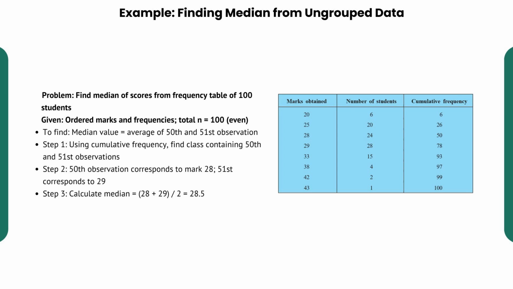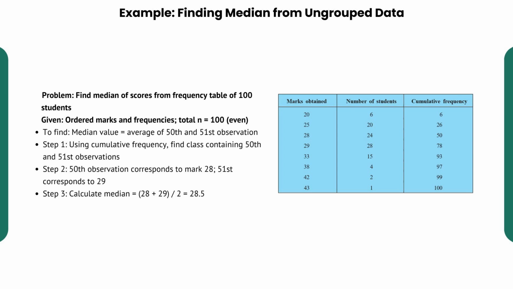Looking at the cumulative frequencies, we see that the 50th observation falls at 28 marks, and the 51st observation is at 29 marks. Therefore, to find the median, we take the average of these two values. That is, (28 plus 29) divided by 2, which comes out to be 28.5.